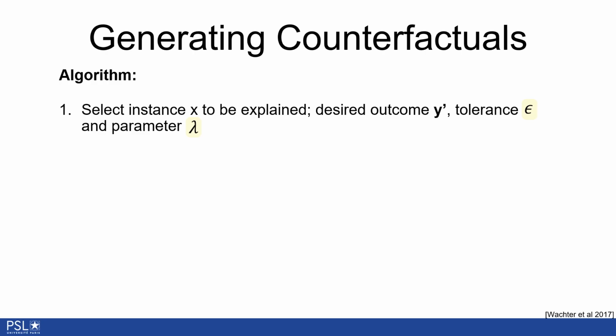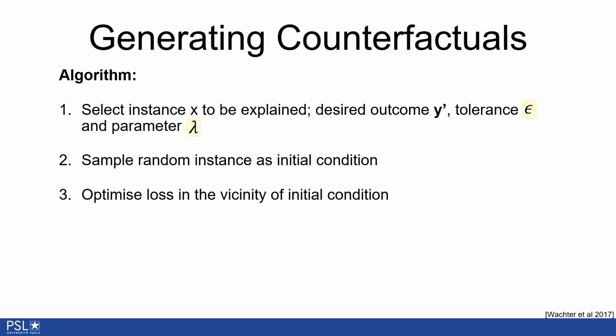The first step is to select the instance X to be explained, the desired outcome Y prime, and the tolerance epsilon, which will be used together with the parameter lambda to control the trade-off between the two terms in the loss. The second step is to sample a random instance as an initial condition. The third step is to optimize the loss function in the vicinity of the initial condition.